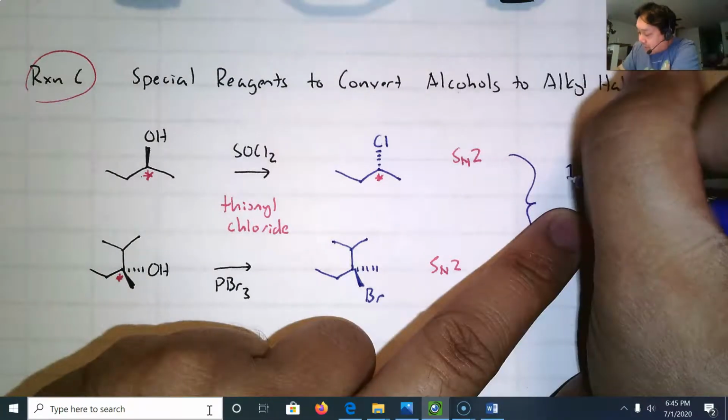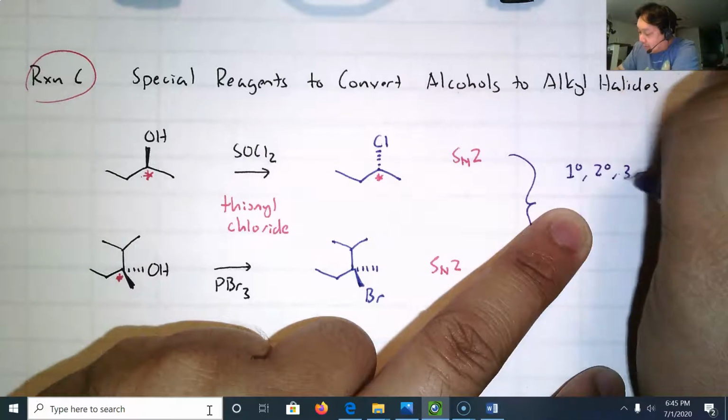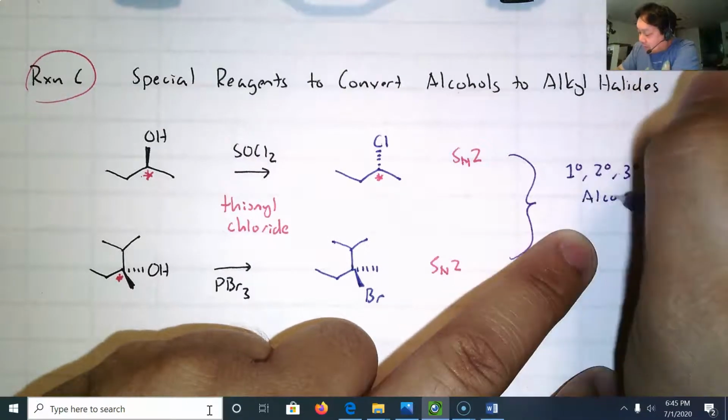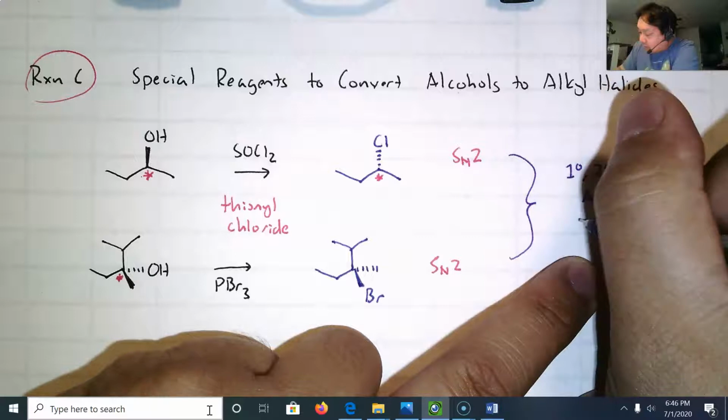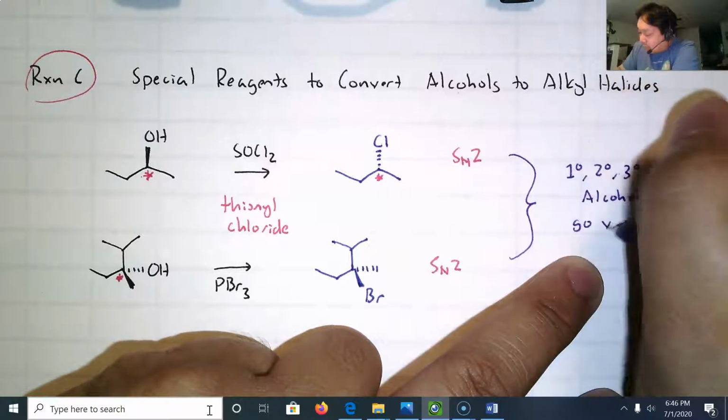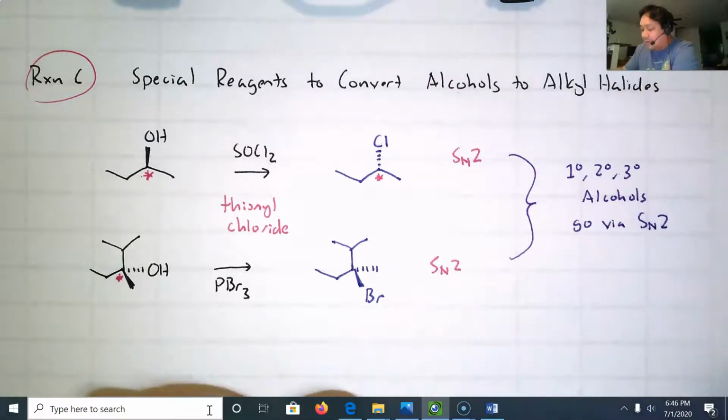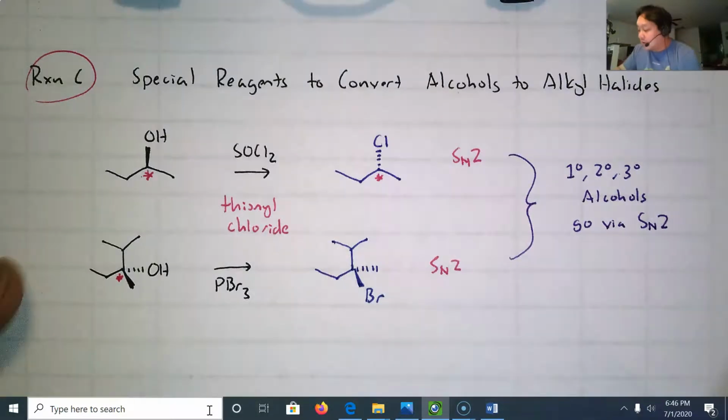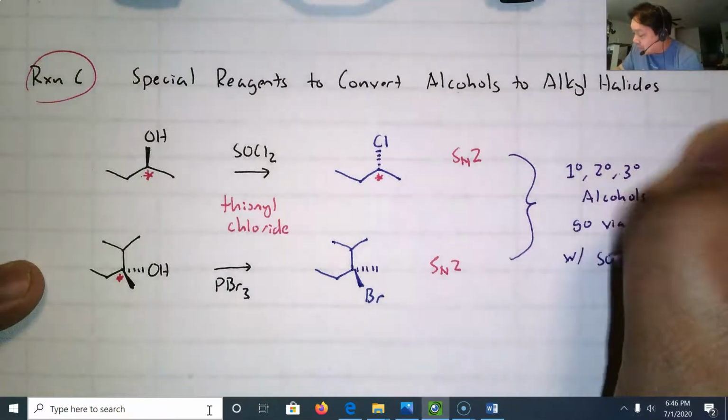So primary, secondary, tertiary alcohols go via SN2. So all alcohols do SN2 with these special reagents.